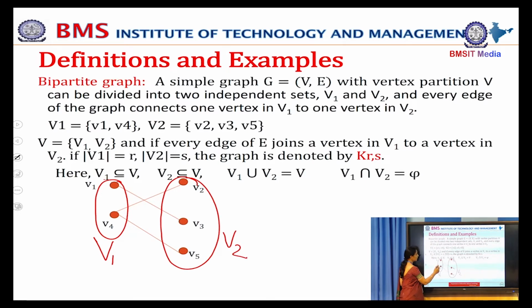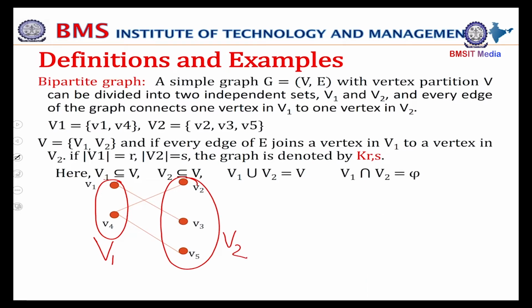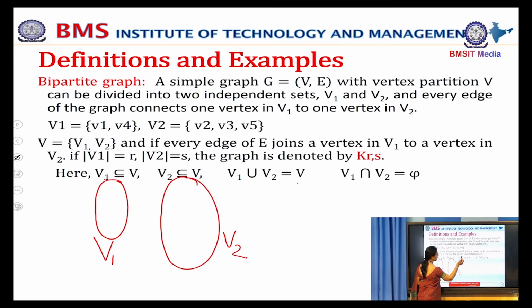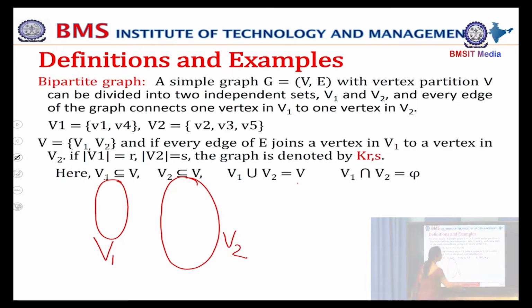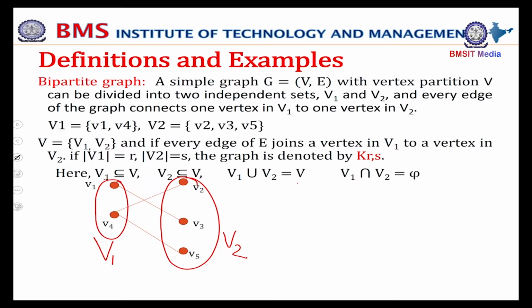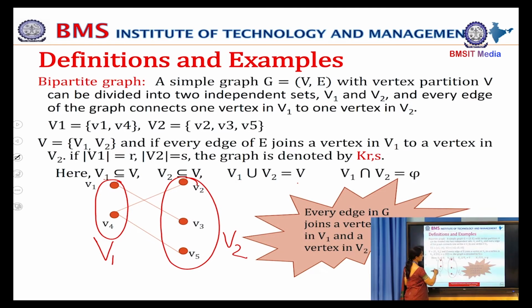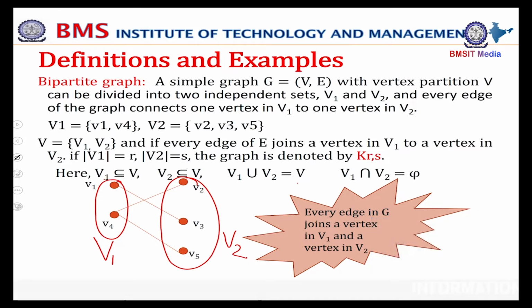Now V1 is a subset of the entire set V, and V2 is a subset of the entire set V. The union of these two is nothing but V, and the intersection of V1 and V2 will be a null set. So every edge in this graph joins a vertex in V1 and a vertex in V2, and then we call it bipartite.